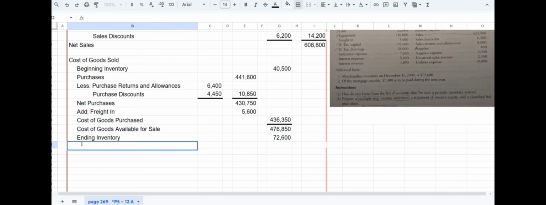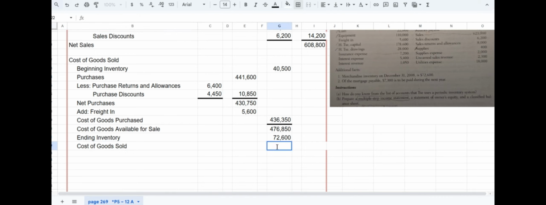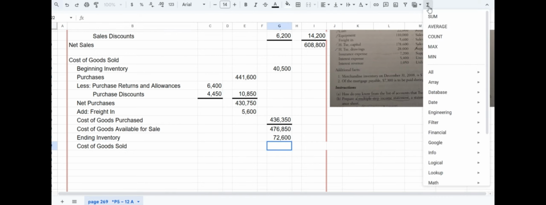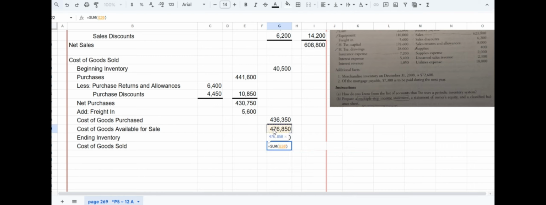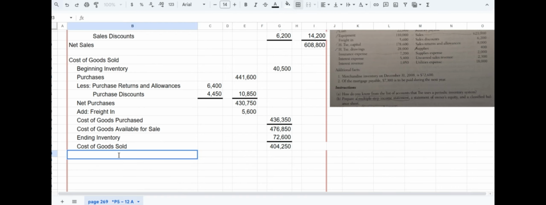And we got our cost of goods sold, which is our cost of goods that are available to be sold minus the ending inventory. So this will give you the cost of goods that you actually sold. And then we can calculate our gross profit.